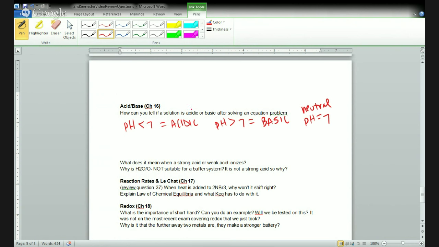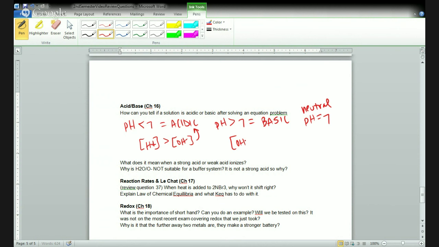If we think about H plus and OH minus, if your H plus number is bigger than your OH minus number, that also means acidic, because we know that H plus means acid. If this number is bigger, you have to have something that's an acid.